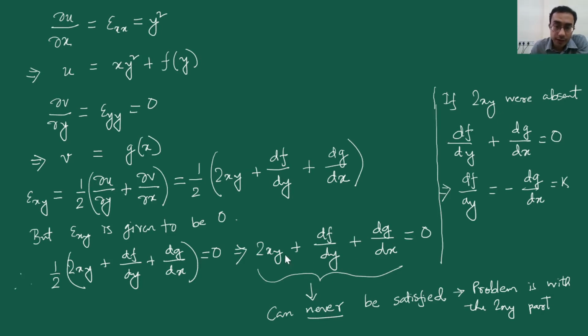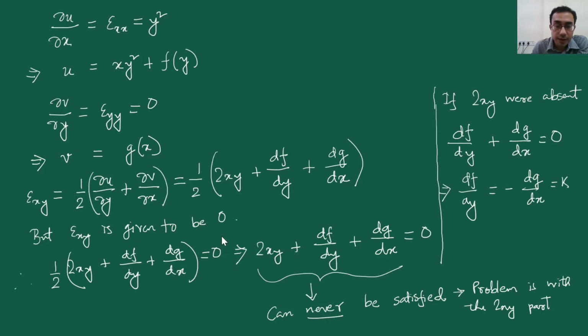But here 2xy is very much present, because this basically follows from the strain field that was given to us. So we have arrived at a situation where the strain field given to us and the information that we are deducing from the displacement field obtained from u and from v, whatever form of epsilon xy we are obtaining, there is a mismatch.